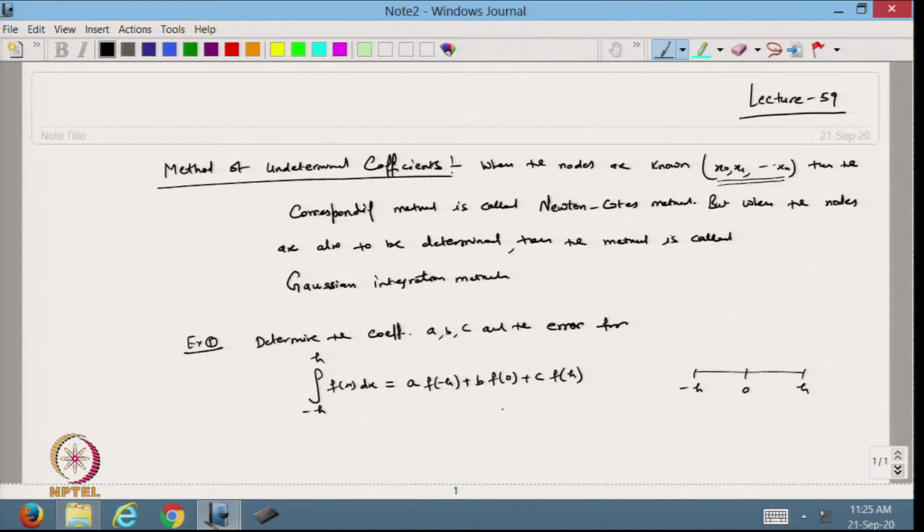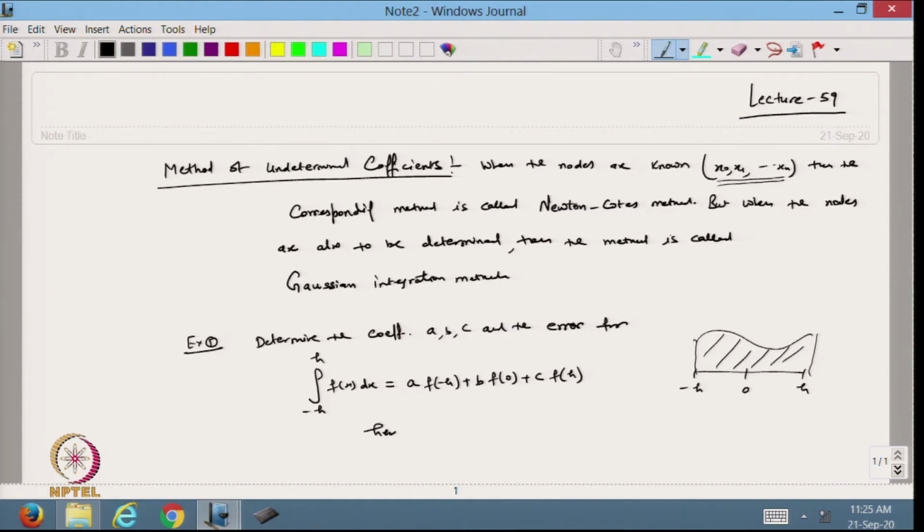I want to do the integration of some function defined on it. The coefficients A, B, C are not known to me, and they multiply the value of the function f at minus h, at 0 and at h. So, we want to find the values of A, B, C.